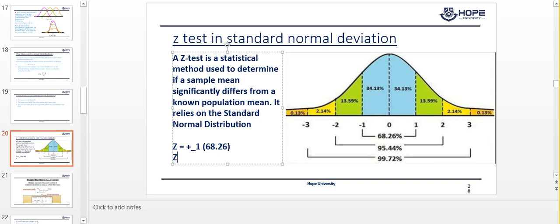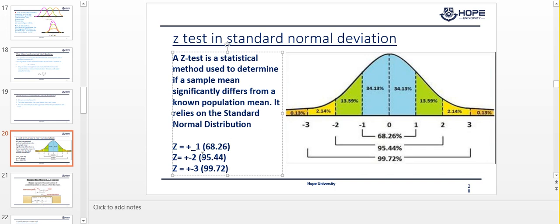If we say we have a z-score of plus and minus 2, we have 95.4. If our z-score equals plus and minus 3, that means we have 99.72. And we can also calculate other percentages by interpolating this.